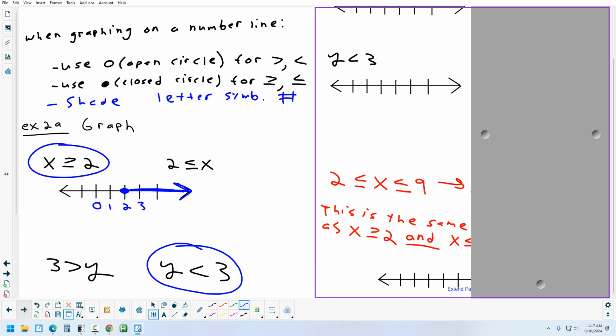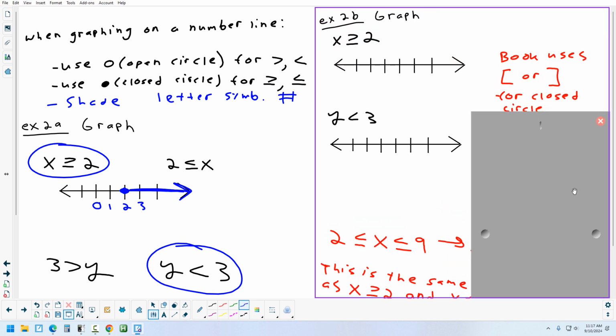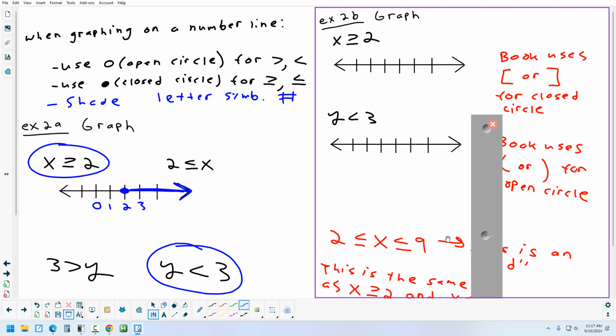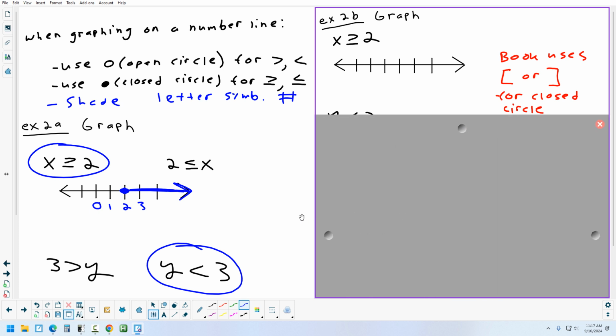Now, in our book, you're going to see a different symbol in place of the closed circle. Our book uses a bracket. It means exactly the same thing. So let me show you how it looks. It's just a bracket instead of a circle.